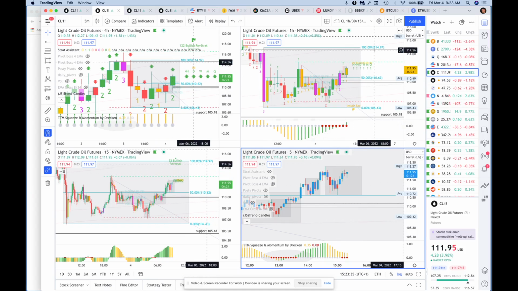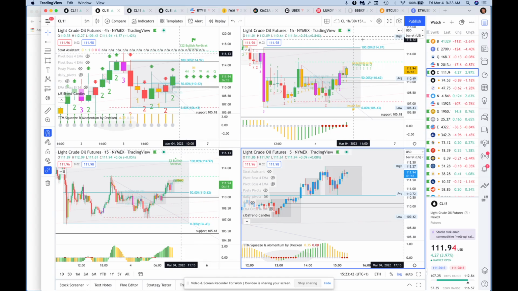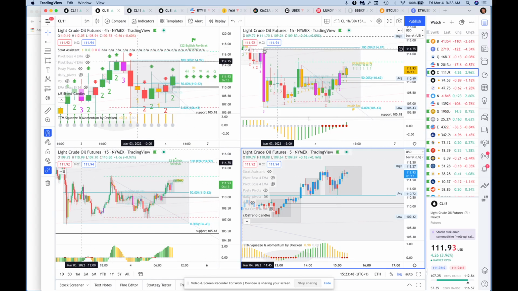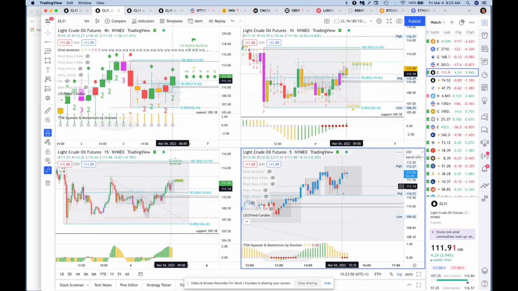And then if you get above 114.97, that is a breakout. So you can either wait to buy the breakout, even though it can break out and then come back and consolidate below the breakout level. I would rather buy it down here if it comes back down in here.